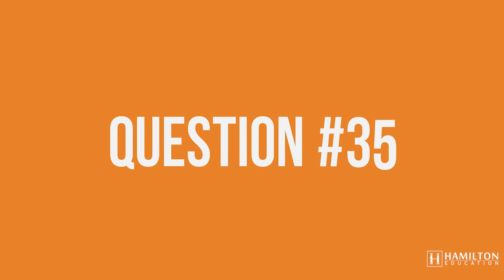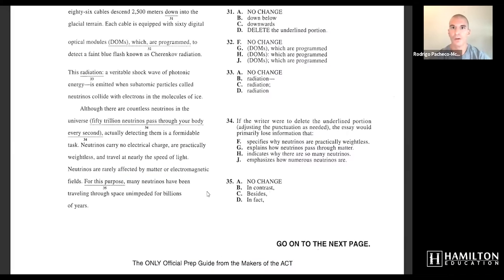Question 35 is a transition question. Here we have to think about the relationship between two sentences. The first sentence tells us that neutrinos are rarely affected by matter or electromagnetic fields.